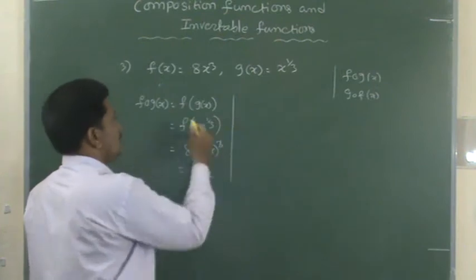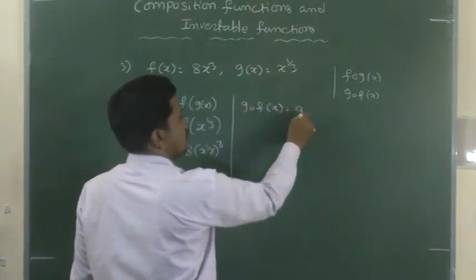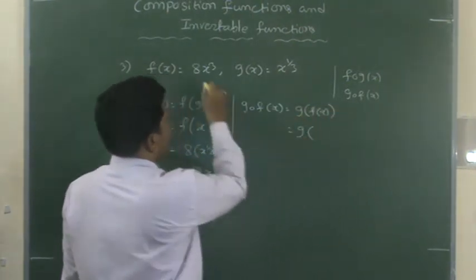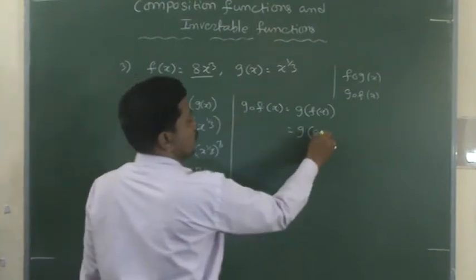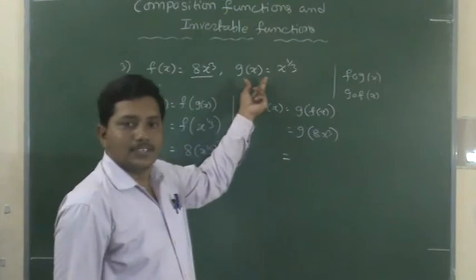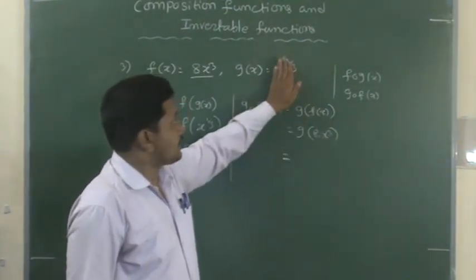That's good. Okay, next. g circle f of x. I want to calculate this one. g of f of x. Now, what is f of x? f of x is 8x cube. Good. Now, what is g of x? I want to write this complete term in place of x.